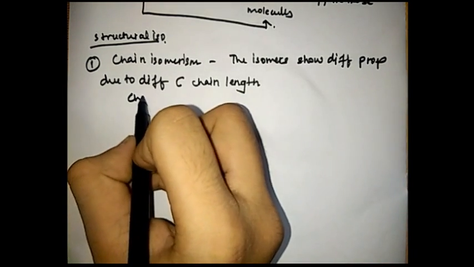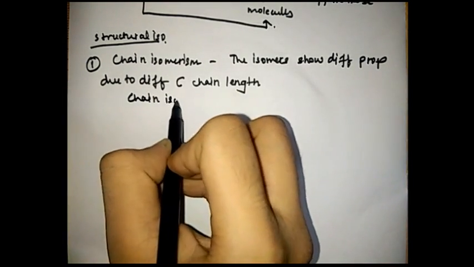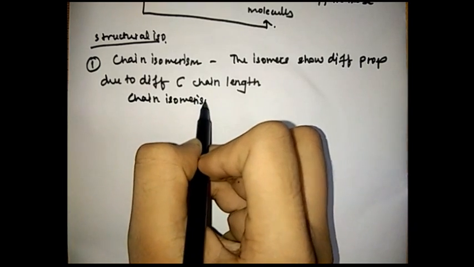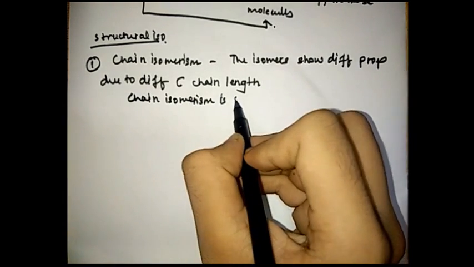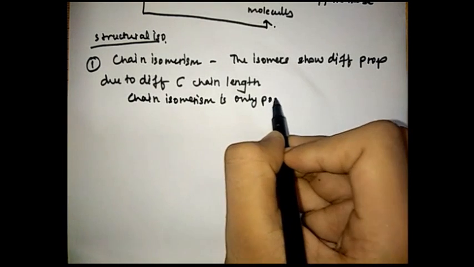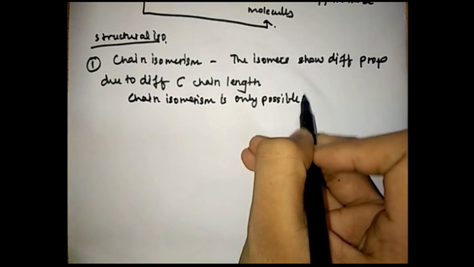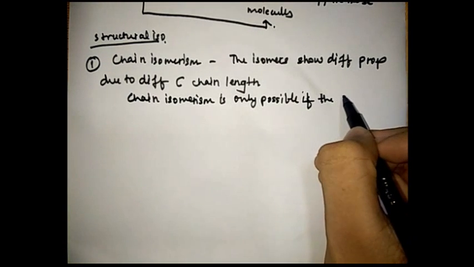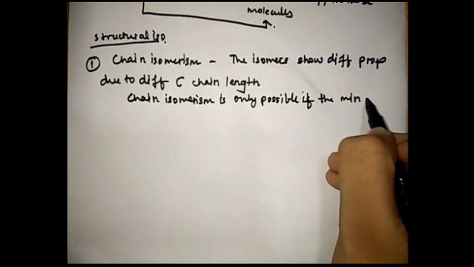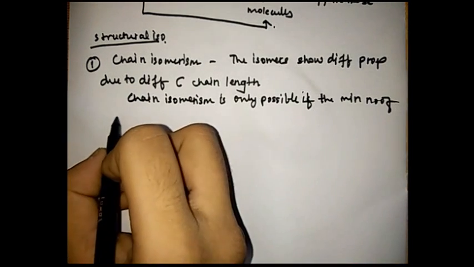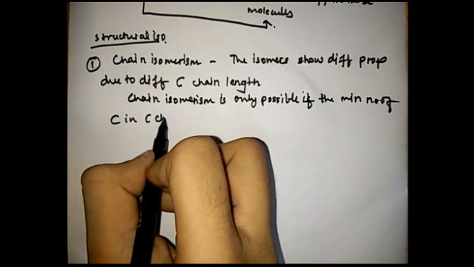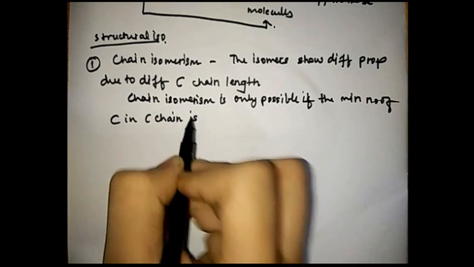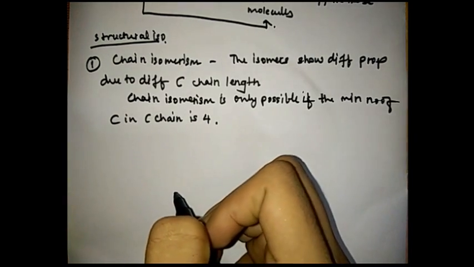This chain isomerism is only possible if the minimum number of carbons in the carbon chain is 4.